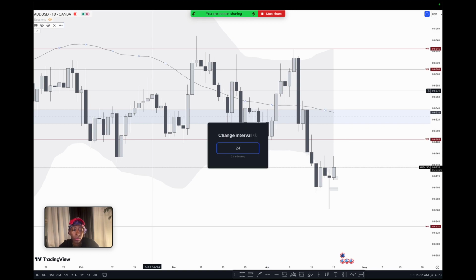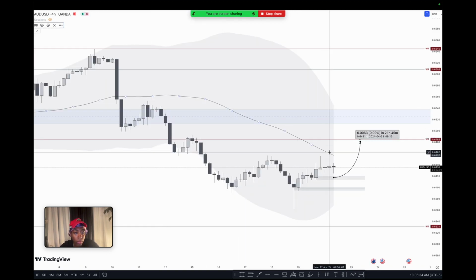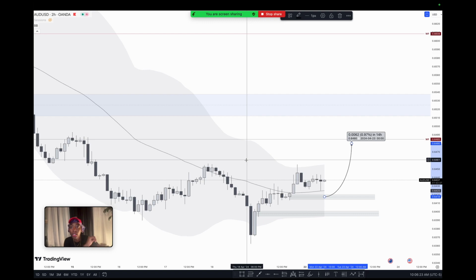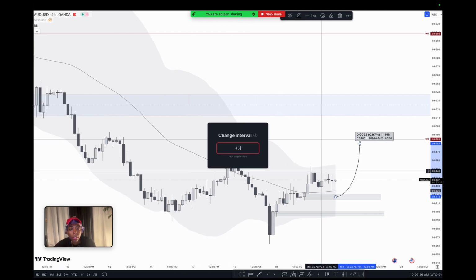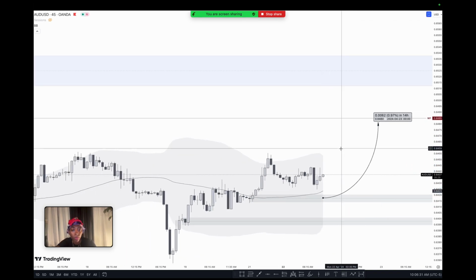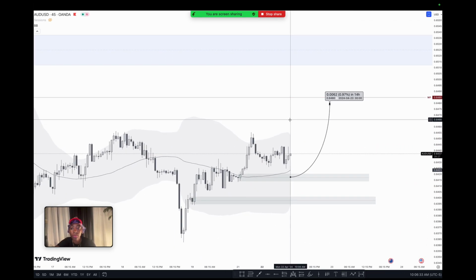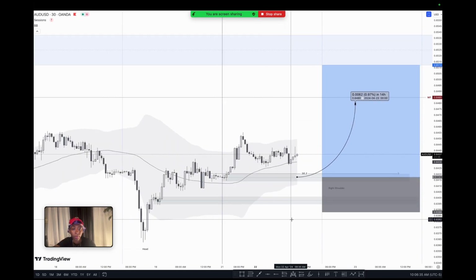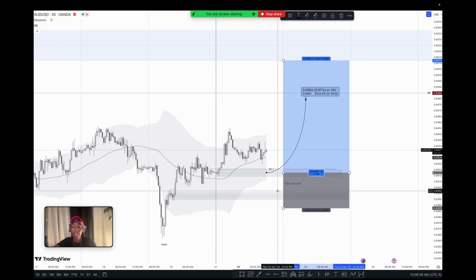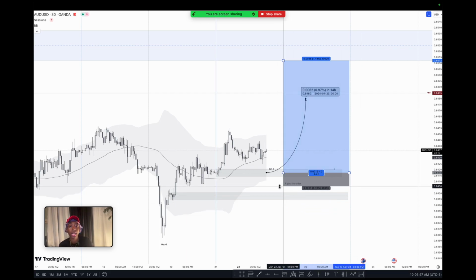Yes, of course it's gonna be a little barrier, but it's gonna push through that. 2 hour time frame, 45 minute, and then the 30. And depending on how price starts the impulse, you can always move your stop losses up.